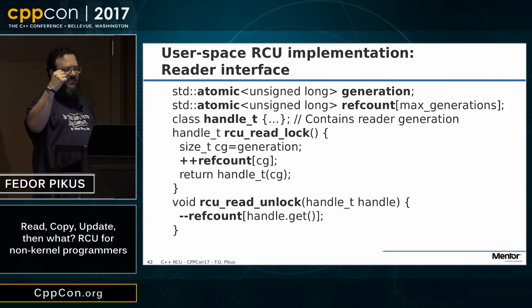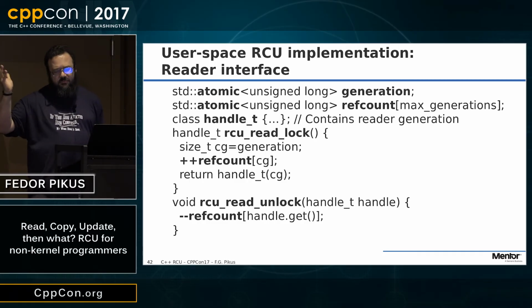And what the reader gets from the ReadLock is that handle. And you can't really do anything with it other than surrender it to ReadUnlock. But that tells the writer that you are surrendering access to a particular generation. So ReadLock increments the reference count on that generation and packages the handle with the current generation. And ReadUnlock extracts the reader's generation from the handle, decrements that reference count. That's all we do.